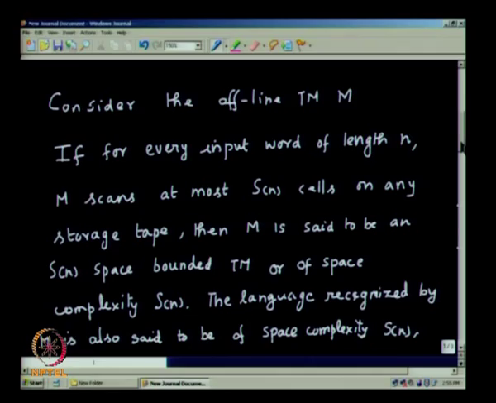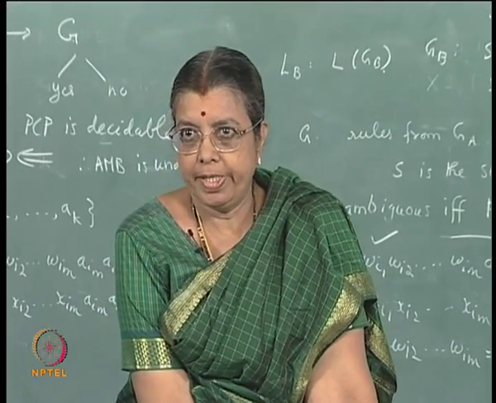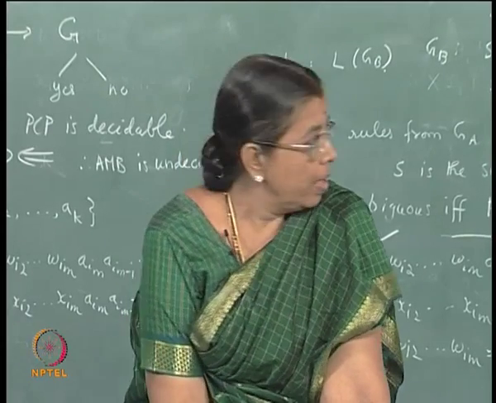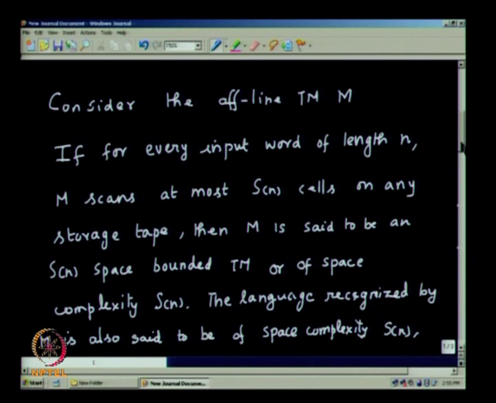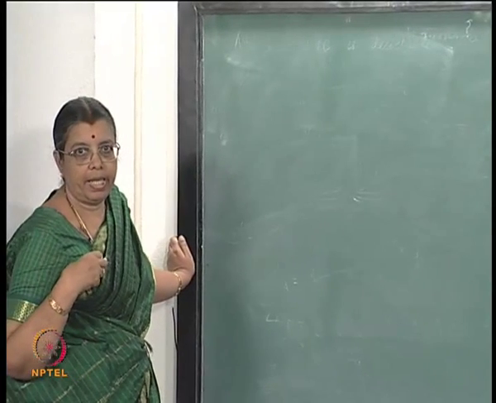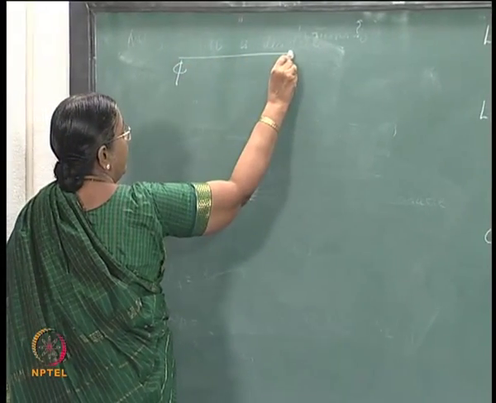So, now we will define time complexity and space complexity in terms of Turing machines. What do you mean by space complexity? What do you mean by time complexity? Now, the model you consider is slightly different for the two definitions. For the space complexity, you consider an offline Turing machine.